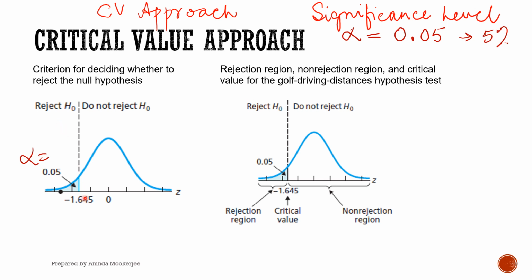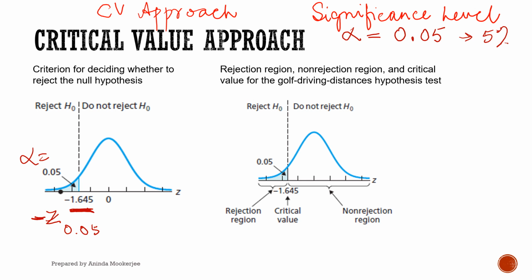And then to come up with that exact critical value, the cutoff value, it's going to be z of whatever alpha is, z of 0.05. Now, if the reject region is on the left-hand side, as in this case, the z value is going to be negative. So negative z of 0.05, if you look up your table, it will be negative 1.645, and that's why they have negative 1.645.